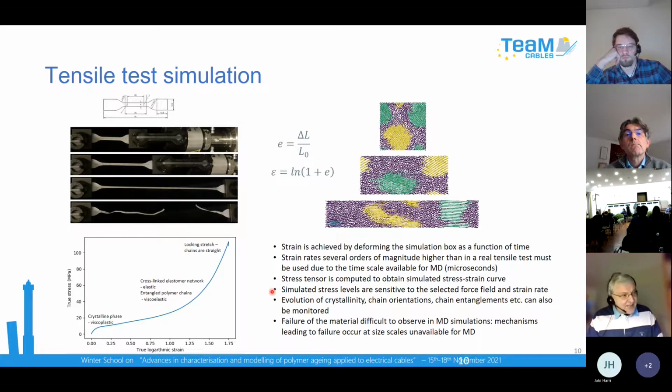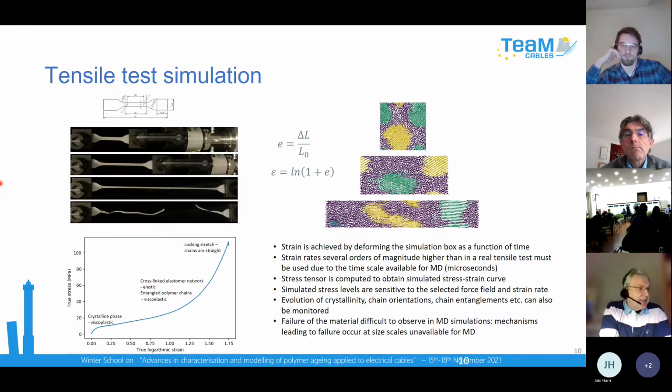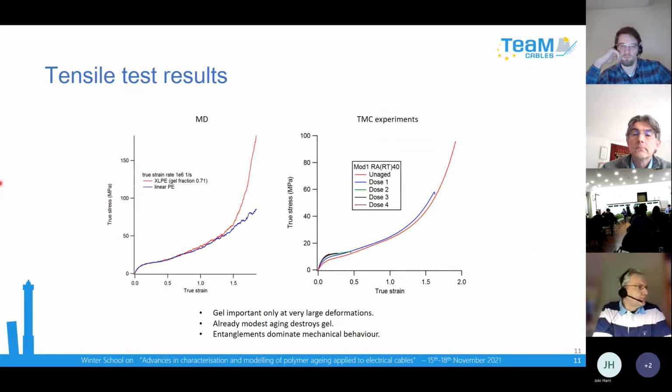One thing we are sadly missing from our simulations, and we don't have a proper explanation for that yet, is that the actual breaking of the material, like happens in this picture, is difficult to observe in the MD simulations, and we are not really satisfactorily able to explain why this is. The elongation at break is one parameter we hoped to get from these simulations, but we couldn't.